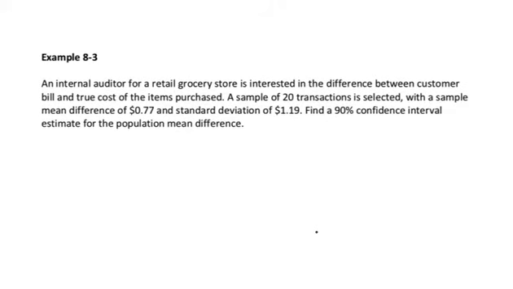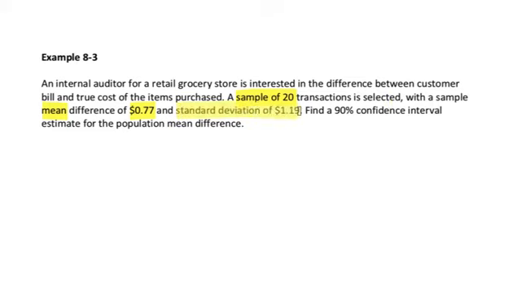Now let's look at example 8.3. An internal auditor for a retail grocery store is interested in the difference between customer bill and true cost of the items purchased. A sample of 20 transactions is selected, so that's our sample size. A sample mean difference of 77 cents and standard deviation of $1.19.